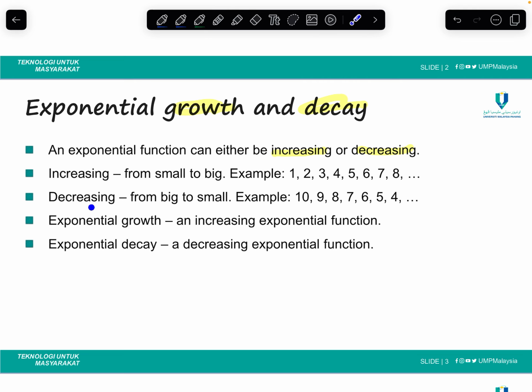While a decreasing trend goes from big to small numbers, for example, 10, 9, 8, and so on. The exponential growth is an increasing exponential function, while exponential decay means a decreasing exponential function. So please remember here, growth is about increasing and decay relates to decreasing.